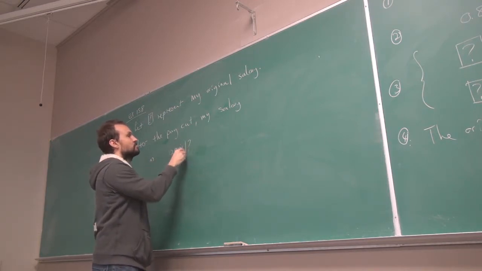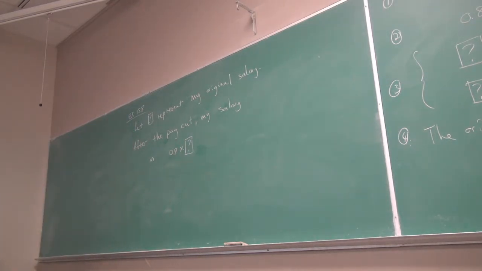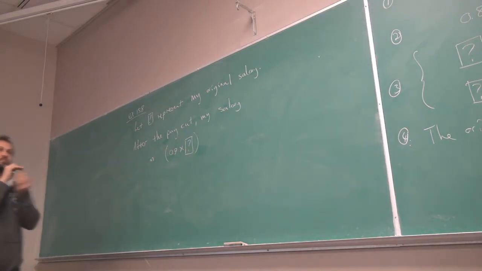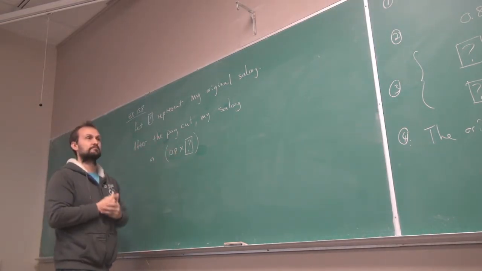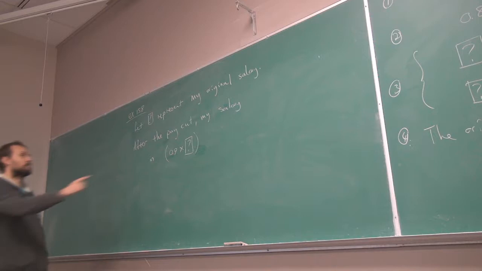Times my original salary. Now I don't know what the answer is because I don't know what my original salary was, but that would be how I calculate it. I'll put it in brackets, just to remember one thing, that if I knew what my original salary was, I could find it. Now my boss wants to give me a raise of 10% from this, right?